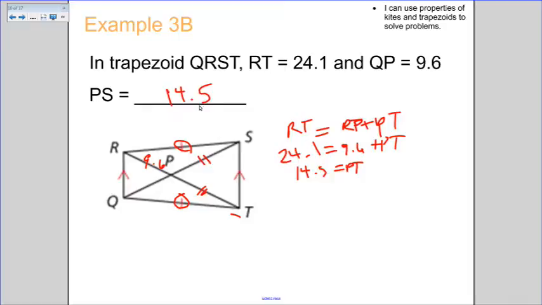Okay? So the next two problems are very similar. Example 4A and 4B. What I'd like you to do is to solve them on your own, and I will do them up here, and then we'll check our work at the end.